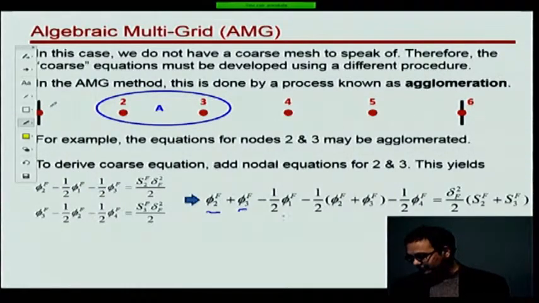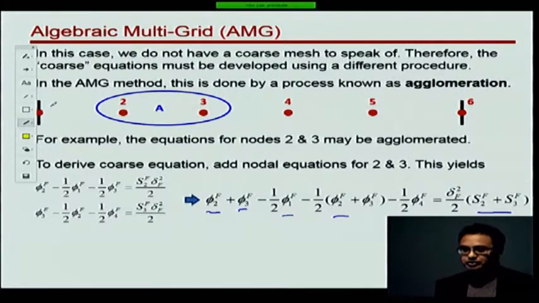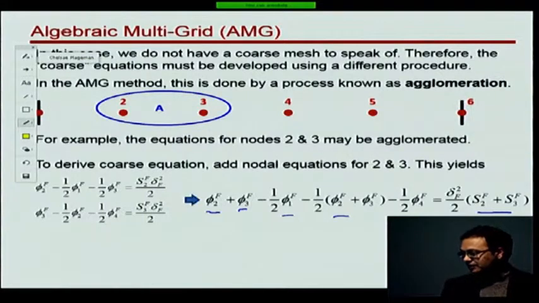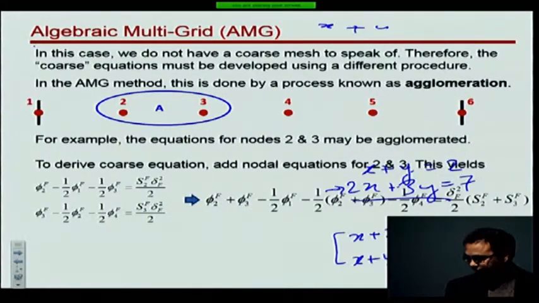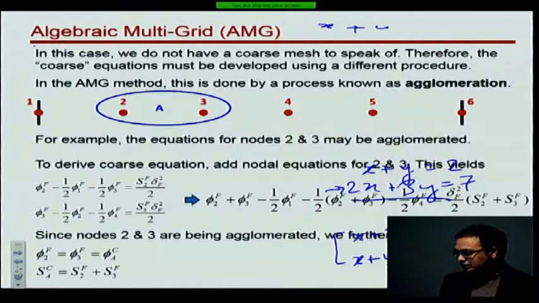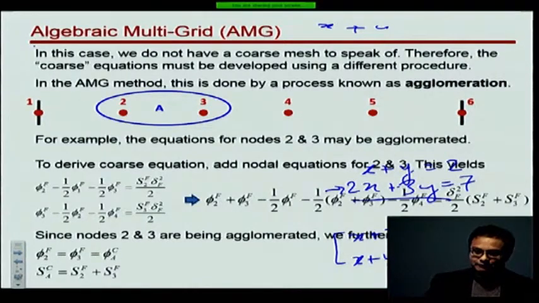And on the right hand side I also added my sources. Now we are going to make the assumption that since nodes 2 and 3 are being agglomerated, phi2 equals phi3 equals phi a. They have been combined into one node, so their values must be equal.